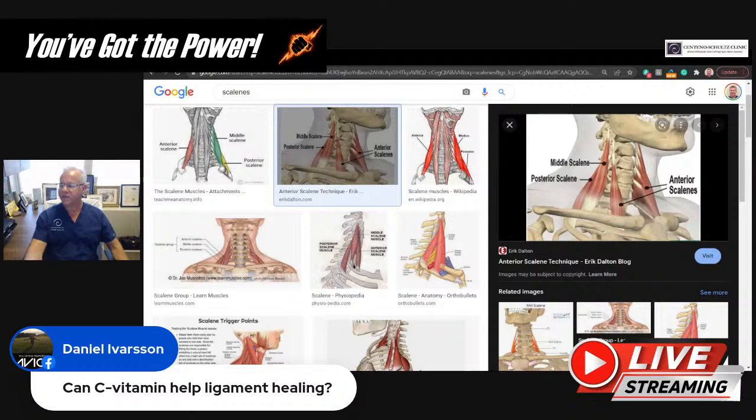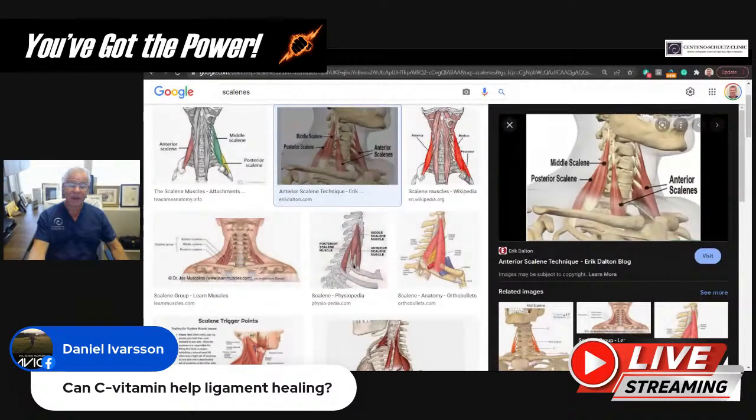Daniel Iverson asks, can vitamin C help ligament healing? Yeah, Dan, I think there's some concept that if you're deficient in vitamin C, that used to be called scurvy, and scurvy would happen on long ocean voyages. One of the things that happens in scurvy is that the person has a breakdown of their collagen.